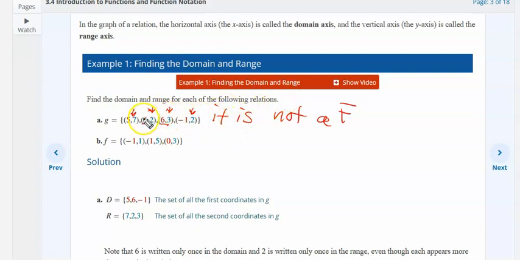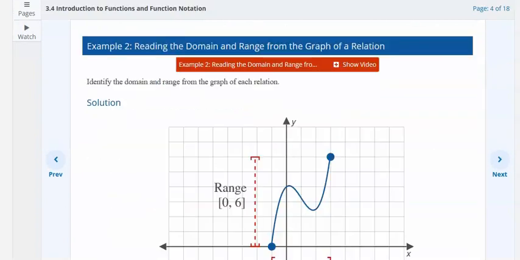It's only the x element. If the x element is used more than once, it's not a function. So in letter B, a similar thing, -1, 1, 0, that they'll get to in a moment, and then 1, 5, and 3 would be the range. I'll move it down so you can see it here. And there it is. Now in example 2, they're asking you to find the range and domain from a graph.